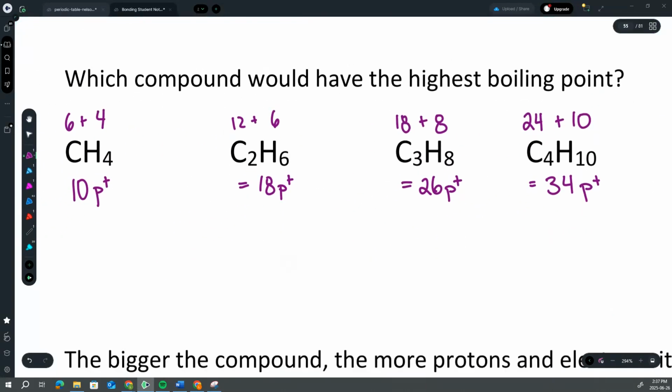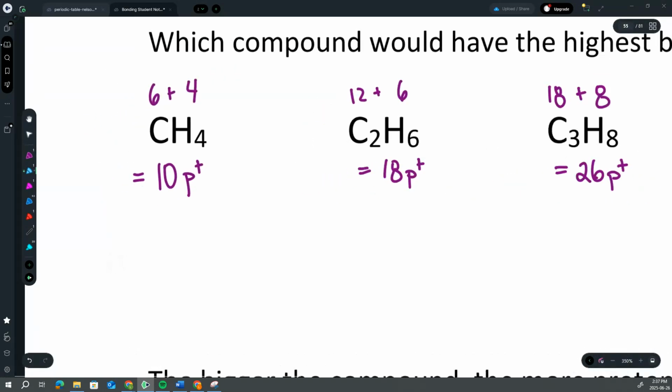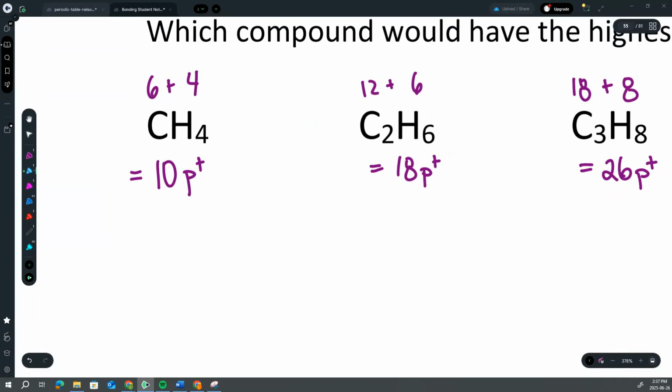Looking at all of these here, they're already arranged from lowest amount of protons to highest amount of protons. So what I can say here is, because methane, the first one, has a lower amount of protons, we can assume that it has less London forces.